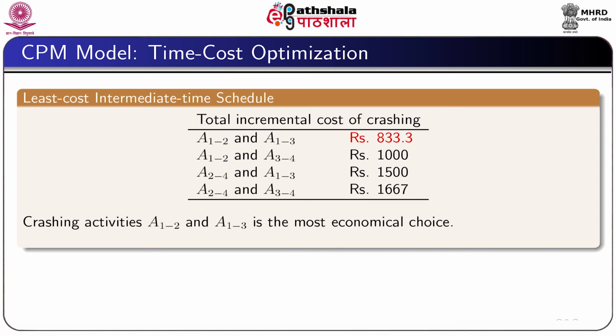The total incremental cost of crashing activities 1 3 and 1 2 is rupees 833.3. Activities 1 2 and 3 4 is rupees 1000. Activities 2 4 and 1 3 is rupees 1500, and activities 2 4 and 3 4 is rupees 1667. This figure shows that crashing activities 1 2 and 1 3 is the most economic choice.